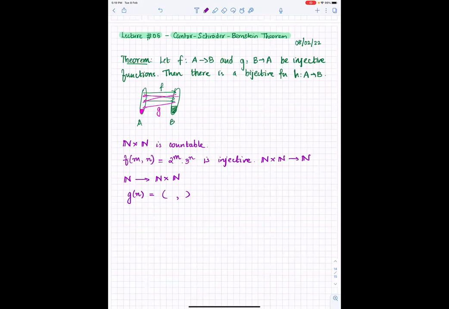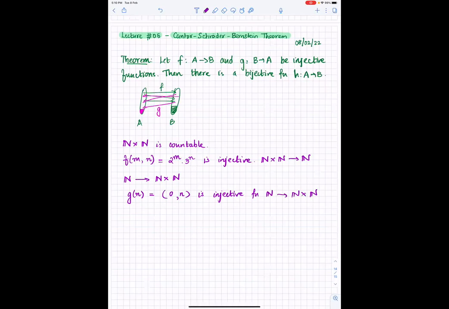Just fix one of the coordinates to be n and the other to be a constant. You must remember that Cartesian products are ordered. So g of n1 equal to g of n2 must only mean that n1 is equal to n2, because the Cartesian product is a set of ordered pairs. So this is an injective function from N to N cross N.